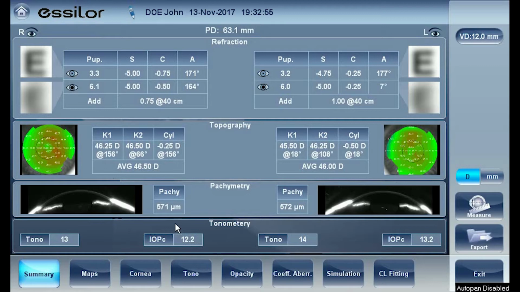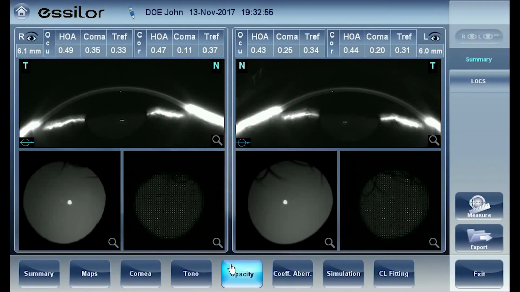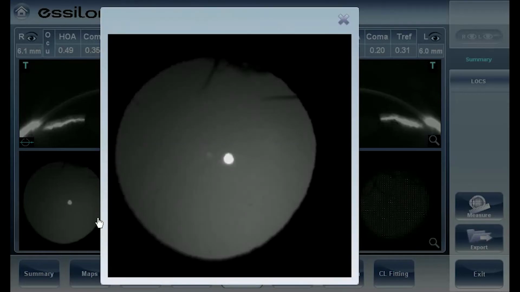Let's start with the eye wellness process to make sure patients' eyes are healthy. In order to do that, we'll first take a look at the retroillumination, that is a black and white image of the crystalline lens. We are checking the transparency of the lens and if there is presence of black dots or black shadows.